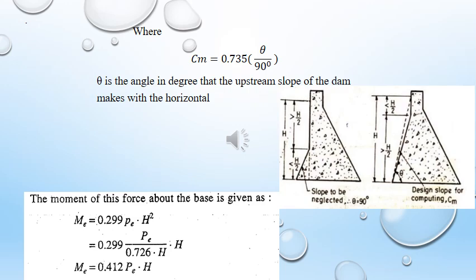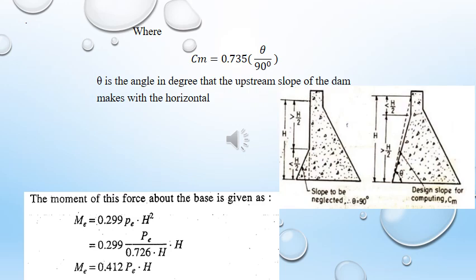The total pressure, capital PE, on the portion of the dam up to the depth H, is 0.726 small pe into H. The moment ME about the plane up to which the pressure is taken is given by ME equal to 0.299 small p, the pressure intensity, into H square.